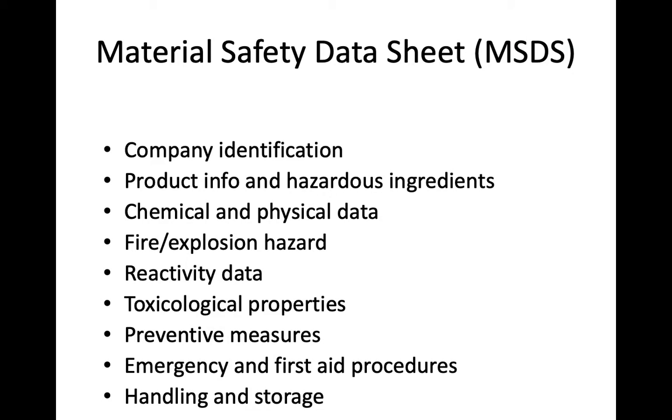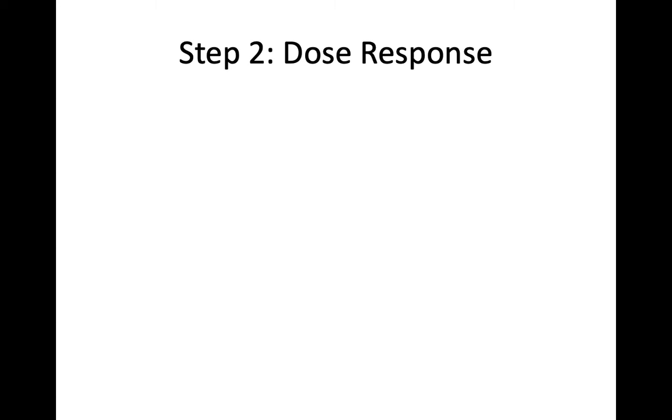So as mentioned, with these MSDS sheets, they have some high standards. They should include a company's identifying factors, some product information, chemical and physical data, fire, explosion hazards, reactivity data, toxicological properties, preventive measures, emergency and first aid procedures, and handling and storage.